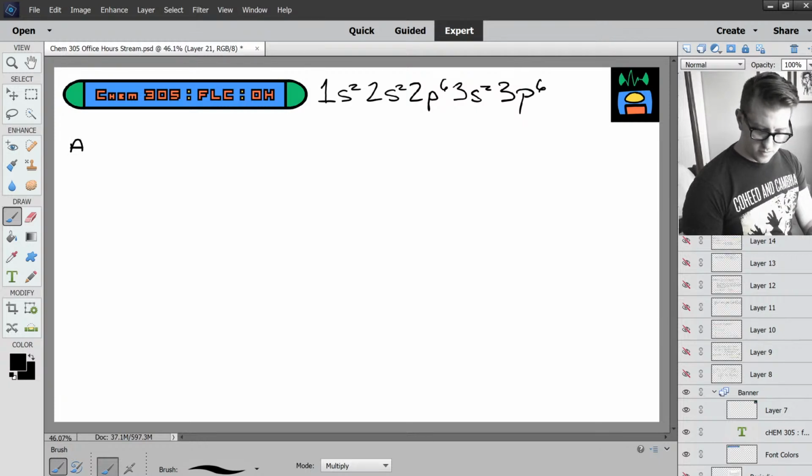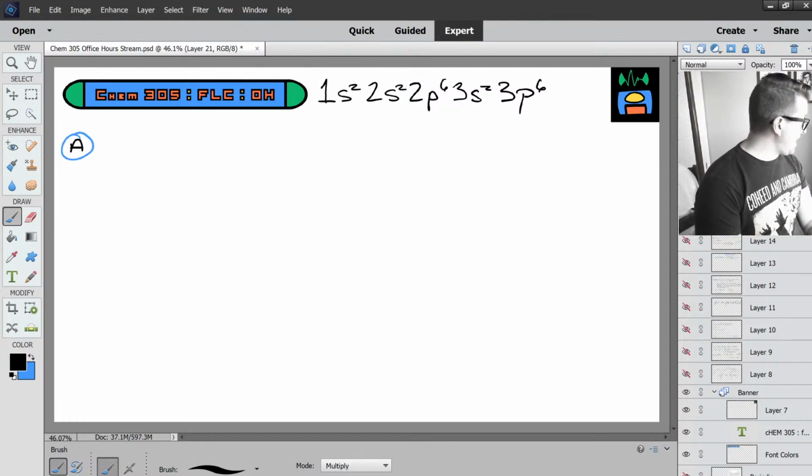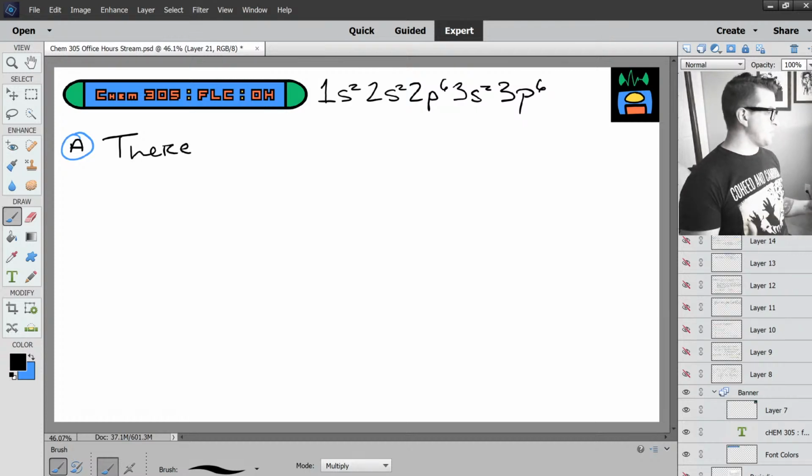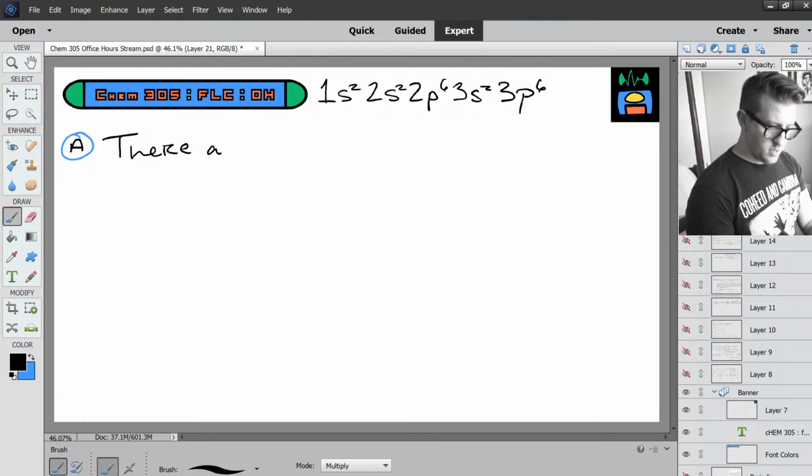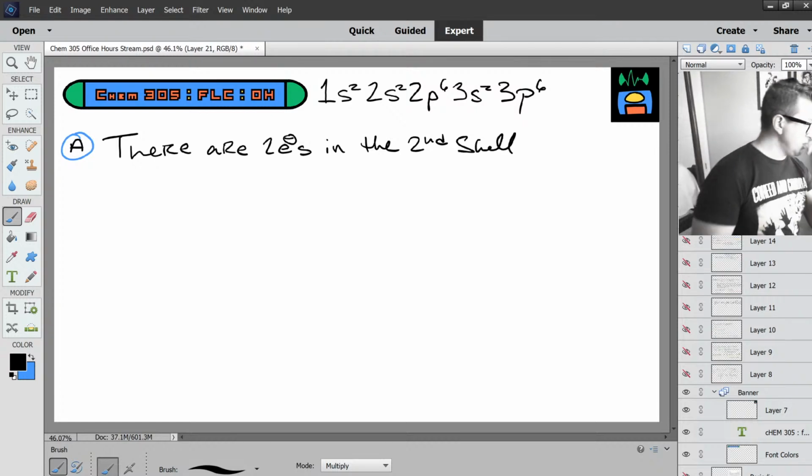These will be in a different order than yours are because they're shuffled every time, but you'll have all of the same selections, just in a different order. So A, there are 2 electrons in the second shell.